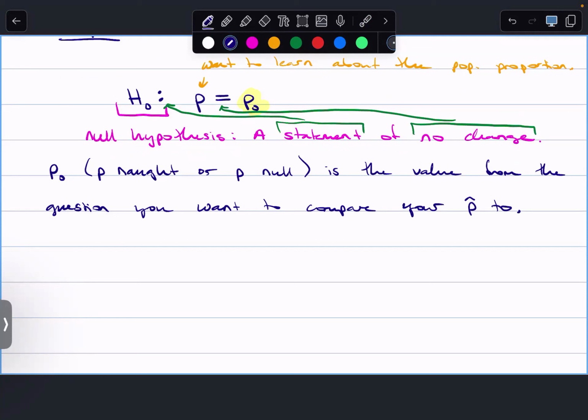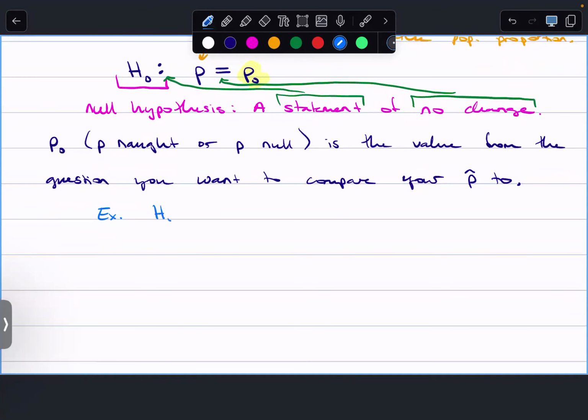You know everything about your sample, and so now you want to try to use it and say, okay, it's significantly more than 0.5, for example. So just as an example, we had a null hypothesis that P is equal to 0.5.